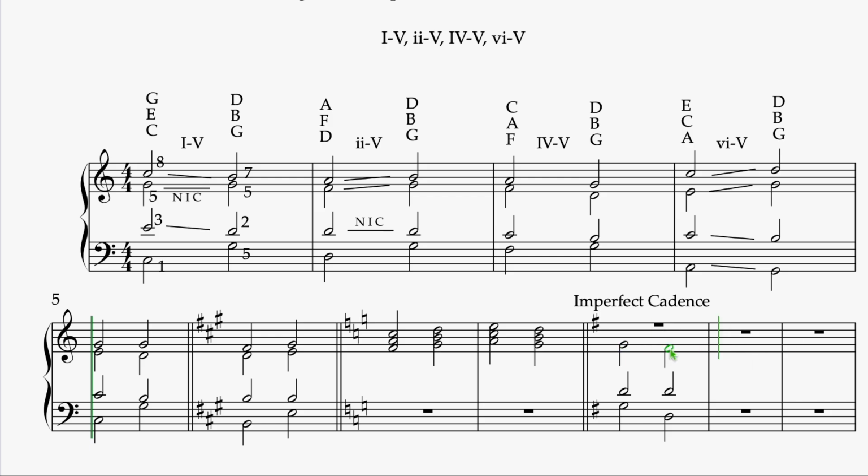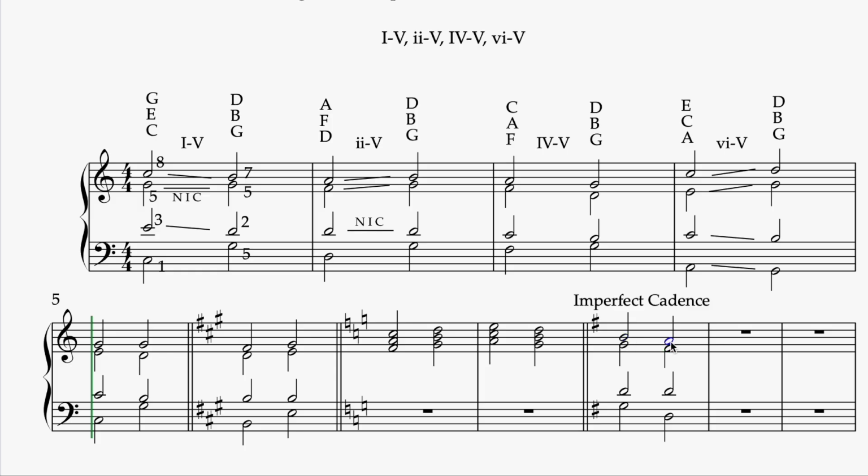So don't forget, 2 of the voices need to step down. And that just leaves then the third of the chord stepping down there. And whammo, it's completed. 1 to 5. Note in common. The octave is stepping down and the third of the chord steps down.